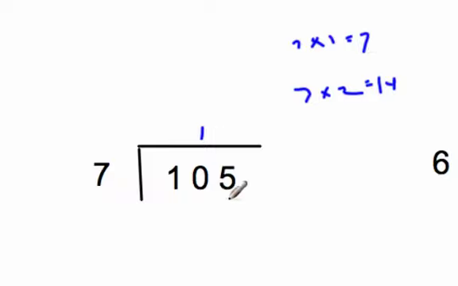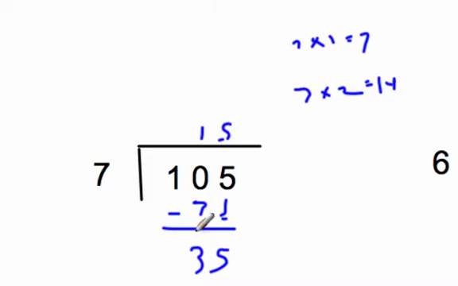And you could tell that 14 would be too much. So then 1 times 7 is 7. So you have 10 minus 7 now. You get 3. And then you're going to bring down that 5. And you get 35. So 7 goes into 35. Well, if we could do this all out again, you'd realize that 7 goes into 35 5 times.